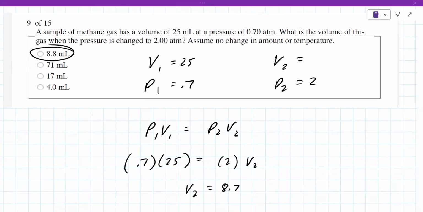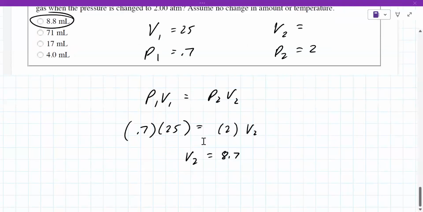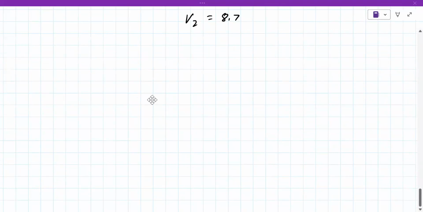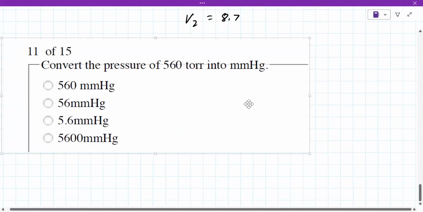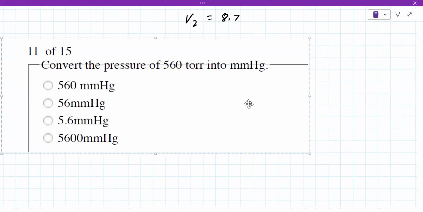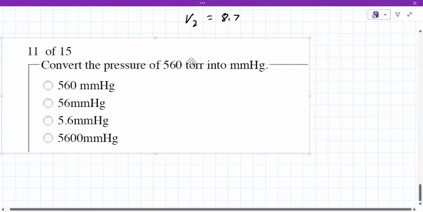And moles of gas particles. So the answer to 10 is the amount.